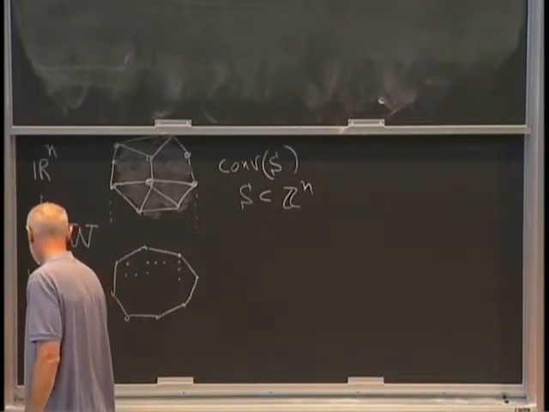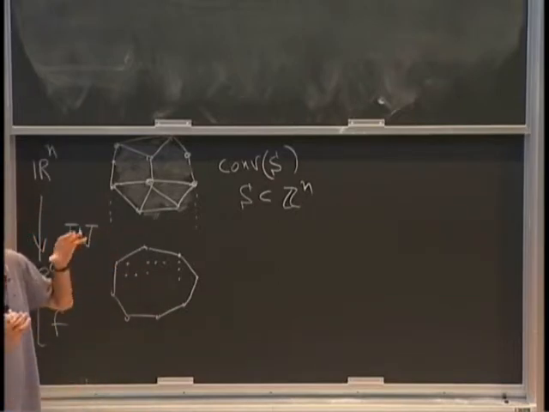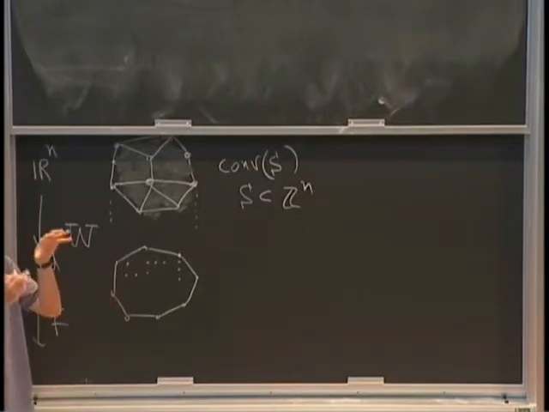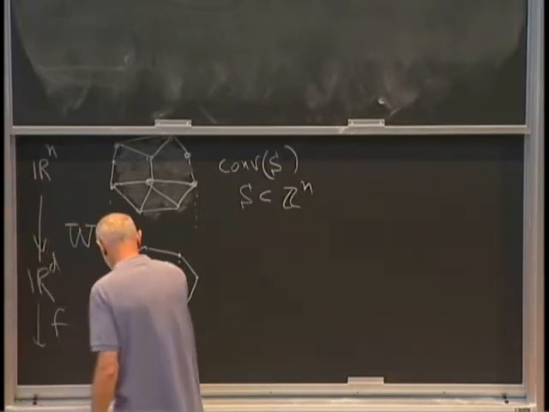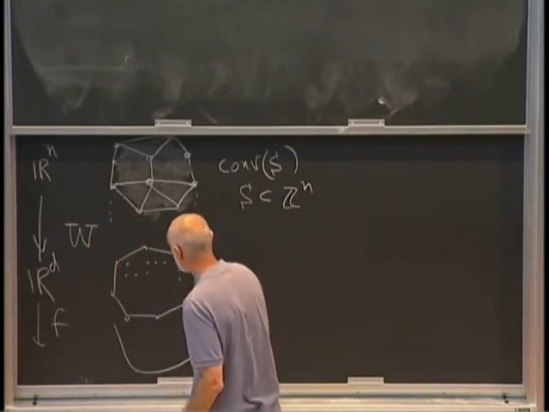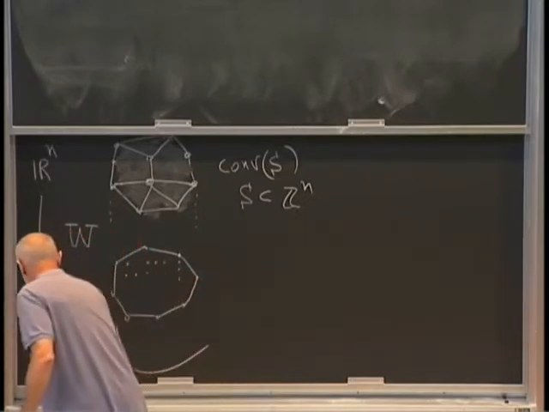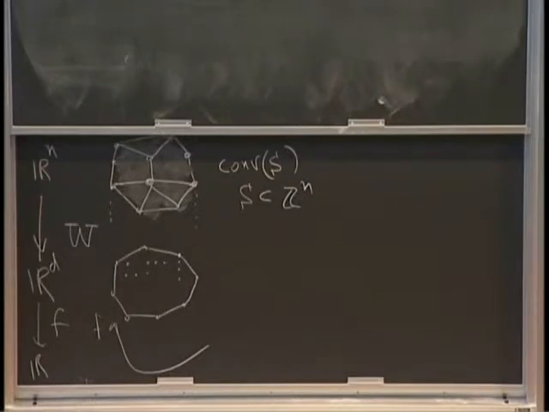Above this d-dimensional thing sits some surface, the graph of the convex function. Let me simplify it and write something simplistic like this. This is supposed to represent the value of the function somehow. This picture is a little bit cheating, but I think you get the picture.